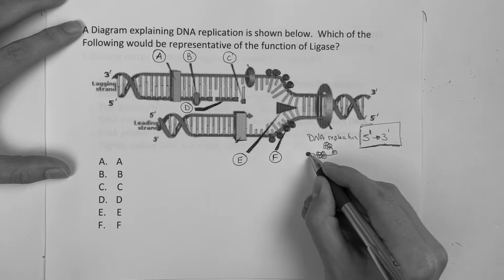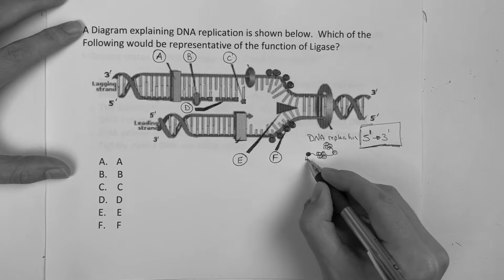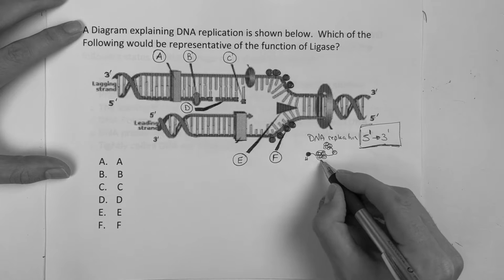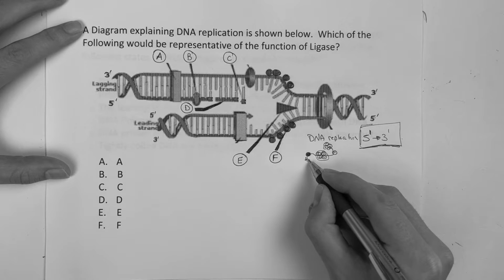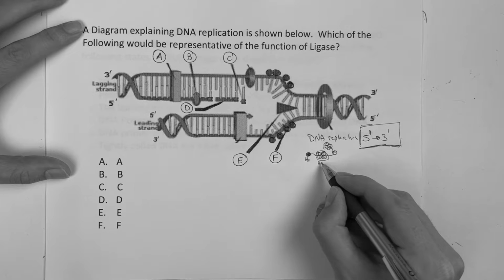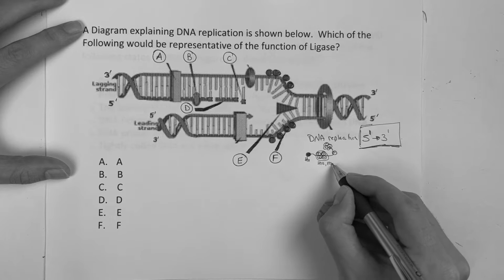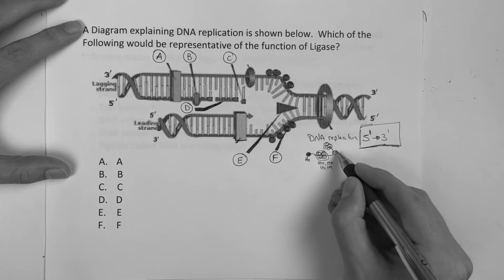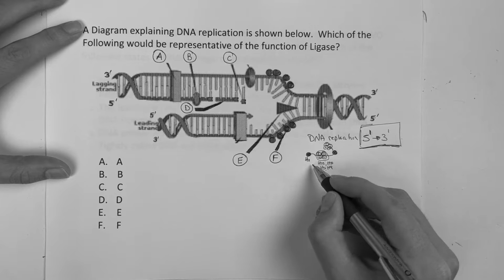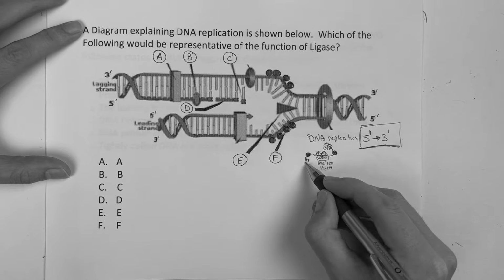Remember how they said the DNA is wound, the one that's not in the nucleosome core is going to be H1. The other ones, H2A, H2B, H3, H4, we don't care. Those are in the nucleosome core. So I've seen questions about knowing which one is not in the nucleosome core, and that's H1.